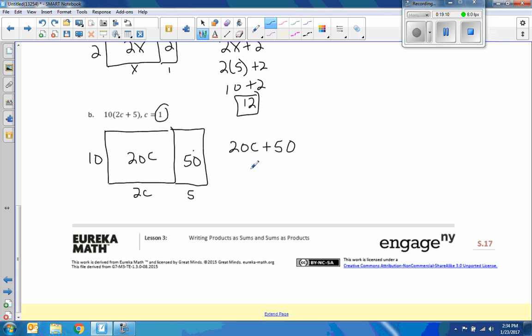Plug in 1. 20 times 1 plus 50, or just 20 plus 50, 70. Okay? So there's an array solving using the distributive property.